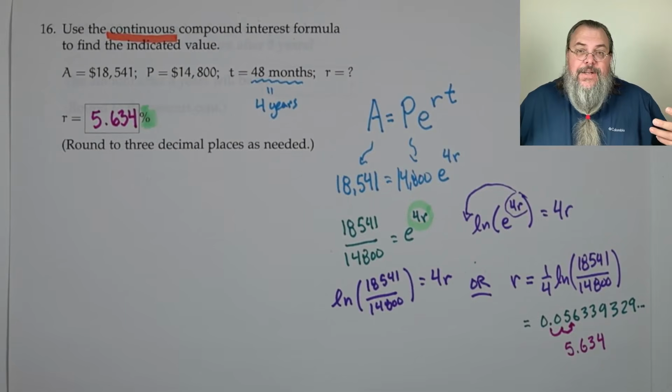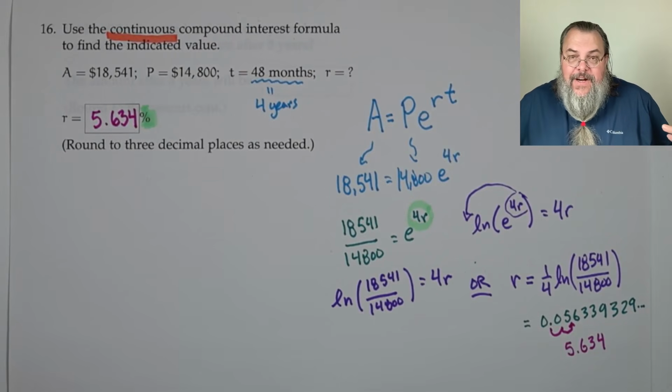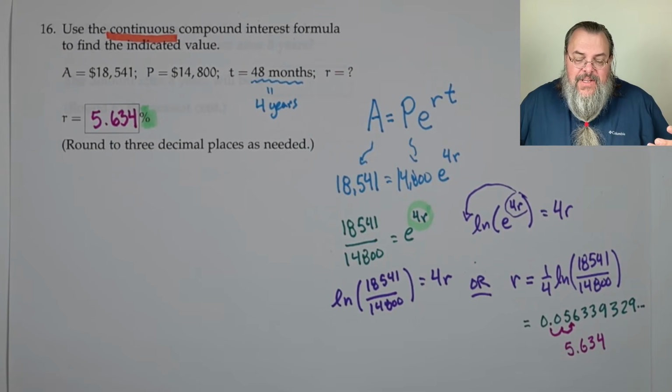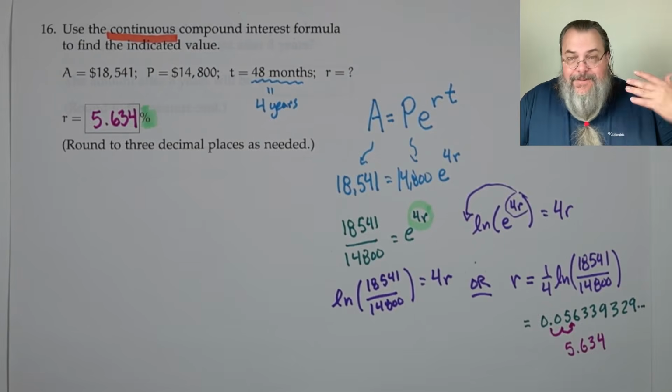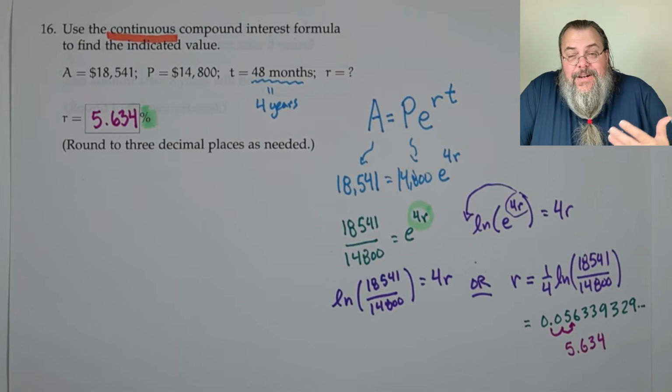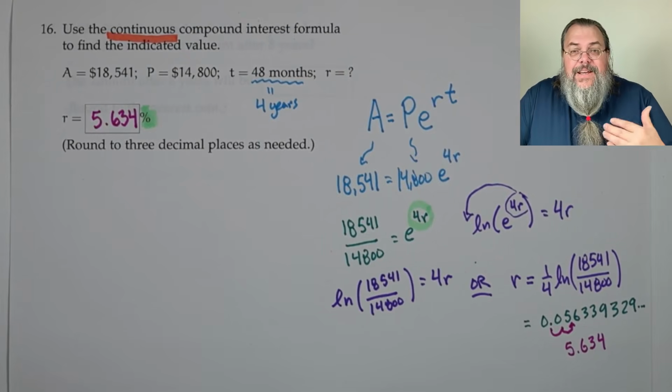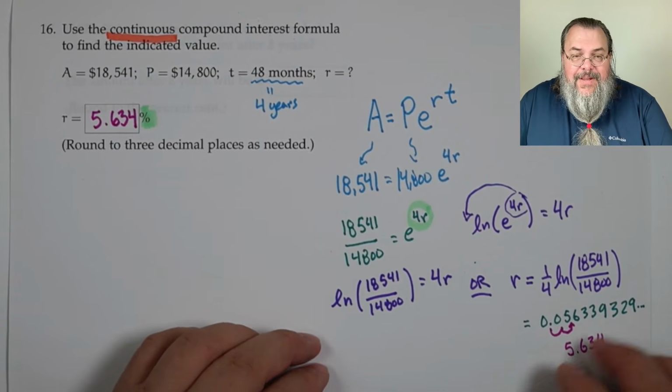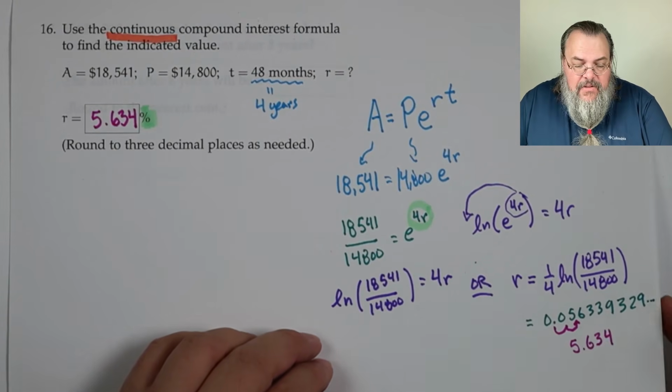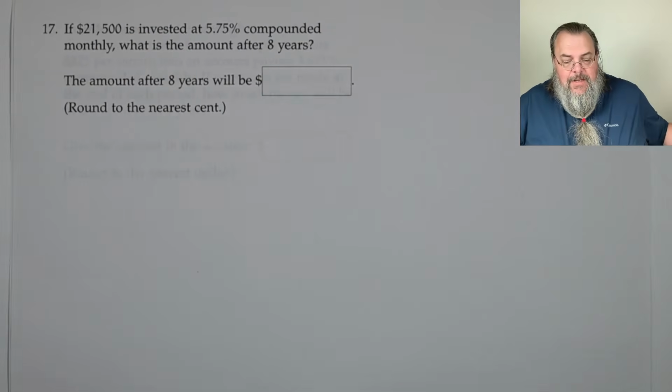Or if R was like 0.00005%, okay, something's wrong there. The question is, does it sound like a ballpark of something that could actually happen? And this sounds in the ballpark of something that could actually happen. That's a good way to at least check, do I need to go through and see if I had a calculator problem? Because it's really easy to mistype things in. All right, it looks good. So let's keep going.